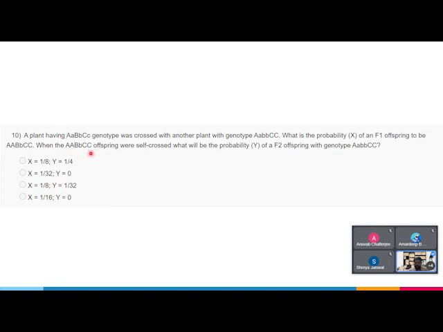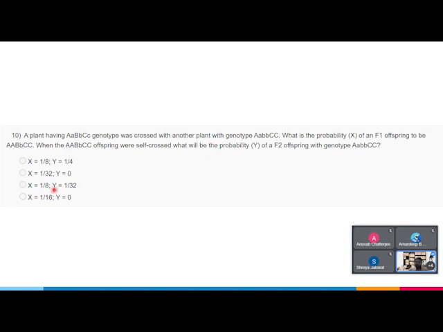And when this particular offspring was self-crossed, what is the probability Y of another genotype, which is capital A, small b, capital C? So this is a probability type question, and we have various options.